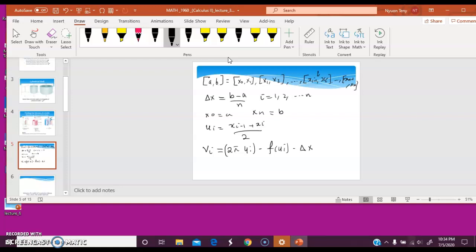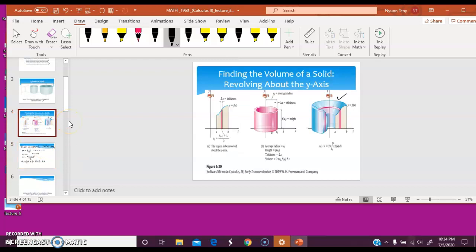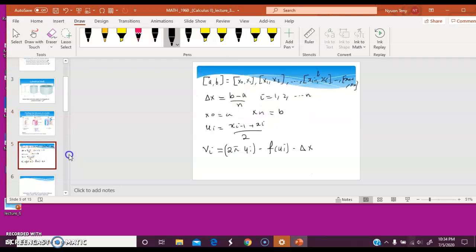This gives you the volume of this cylindrical shell. To find the overall volume of all the shells, V is approximately equal to the summation of all the volumes of the cylindrical shells, 2 pi u sub i times f of u sub i times delta x.